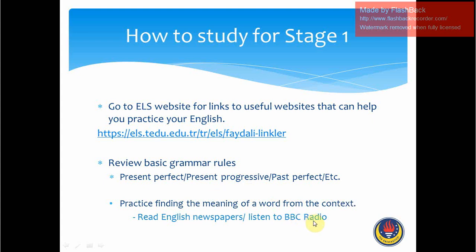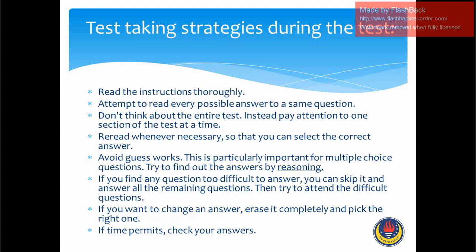So, for example, we might give you a sentence and you don't know the vocabulary word. So, what strategy would you use to figure out what the vocabulary word means? These are some further strategies we use during a test.